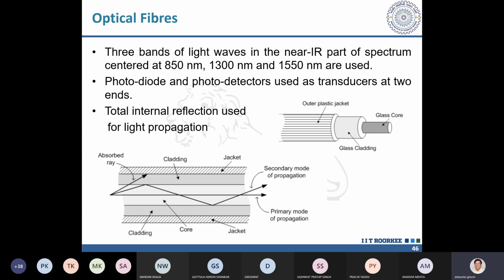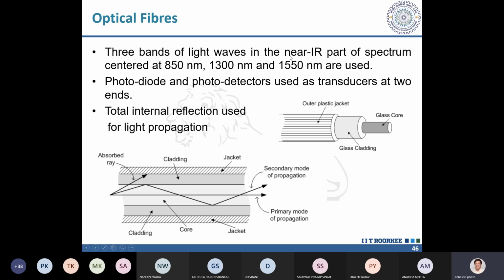To make the light a very narrow, pinpointed beam, otherwise it will diverge and some part of the light will get absorbed in the cladding, with an angle greater than the critical angle, we use the laser beam. For transmission of light in optical fibers, we use a laser beam.